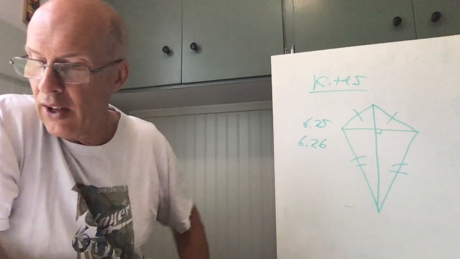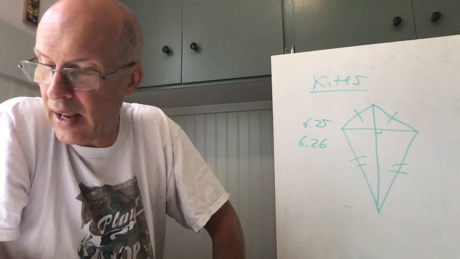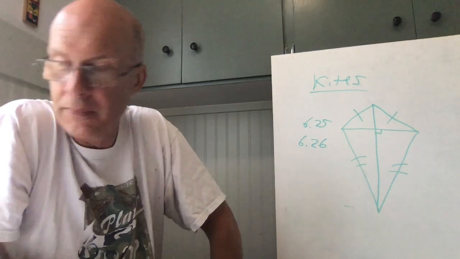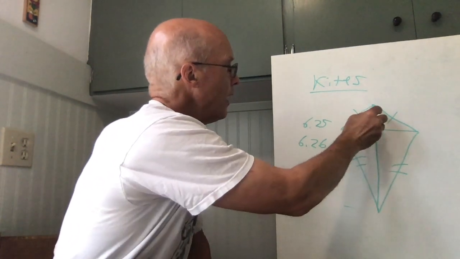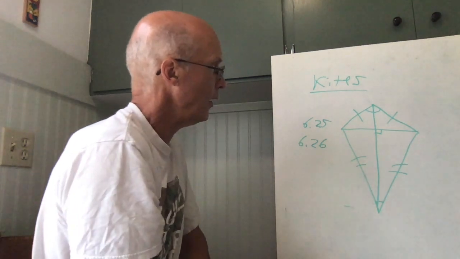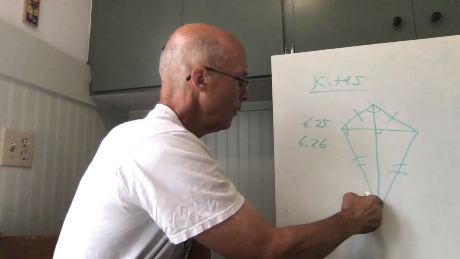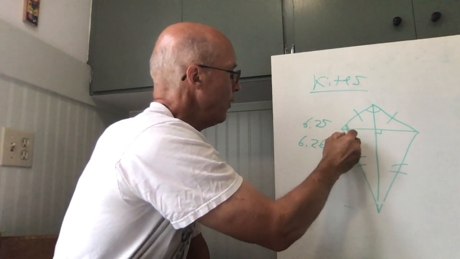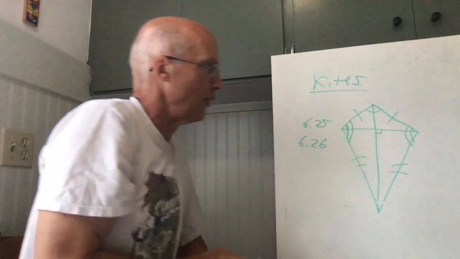626 says if a quadrilateral is a kite, then exactly one pair of opposite angles is congruent. It does not say both. You can kind of see that this angle here is not going to be the same as that angle there. But you can probably see that this angle is going to be congruent to this angle.